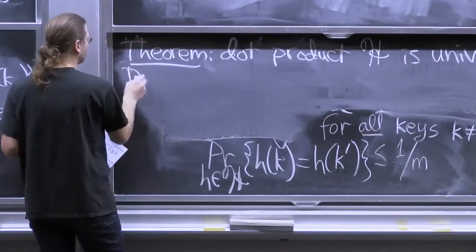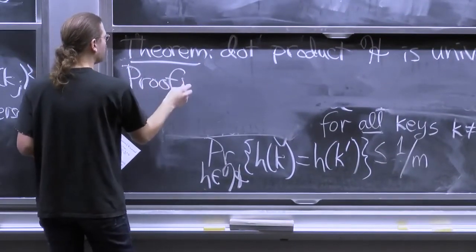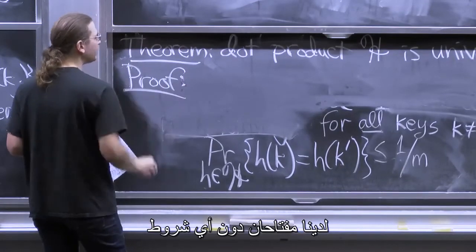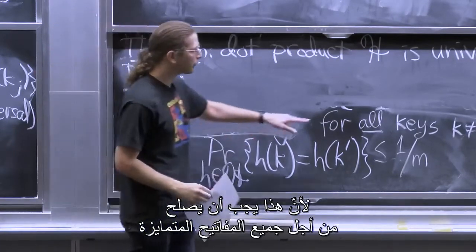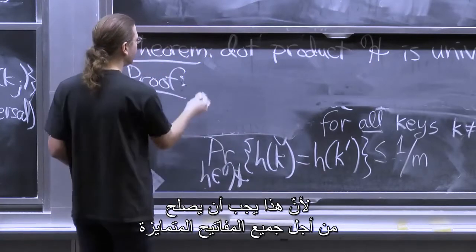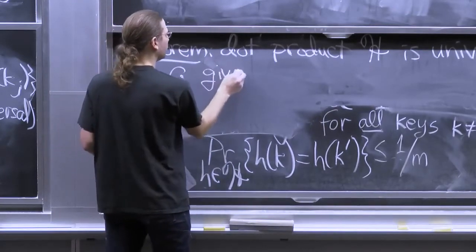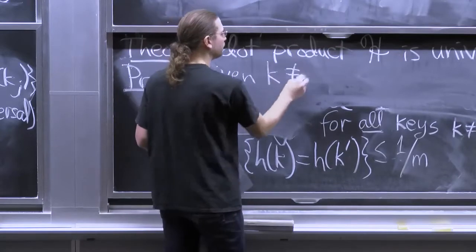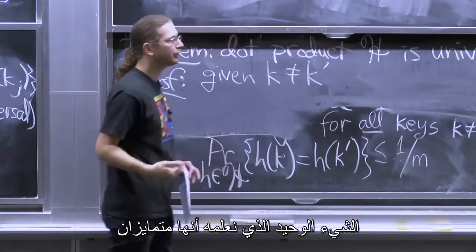So we're given two keys. We have no control over them because this has to work for all keys that are distinct. The only thing we know is that they're distinct.